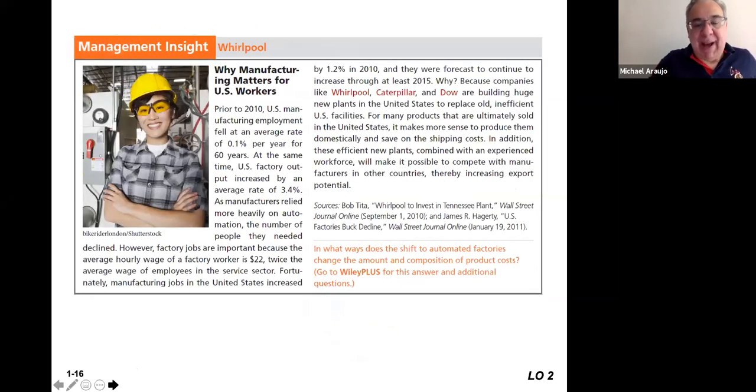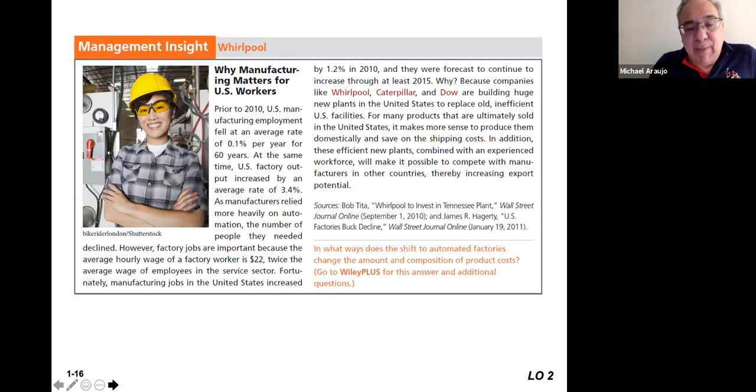Why manufacturing matters for US workers. This is a really good story. It's on page 9 in the textbook, but it's also here on the slide, and it's really good. So let's take a peek. Prior to 2010, US manufacturing employment fell at an average rate of 0.1% per year for 60 years. However, at the same time, factory output, right, how much was produced is output, factory output increased at an average of 3.4%.